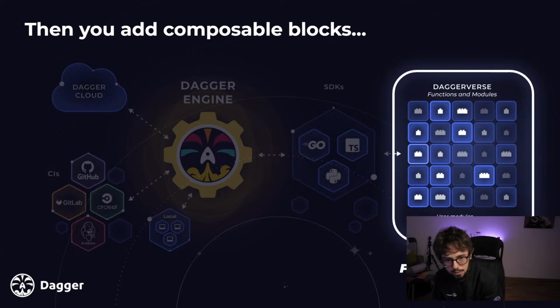The Daggerverse is supposed to be, and it is, a registry for all the modules from the ecosystem, from the community. And from there you can access, just like a Docker registry, and bring to your local machine a module that has been written by someone else. Simple but very powerful.